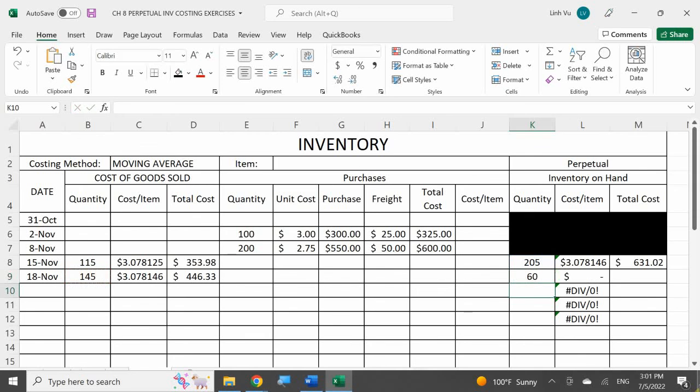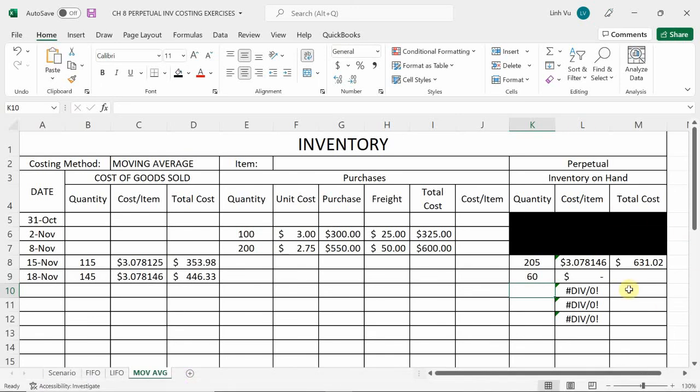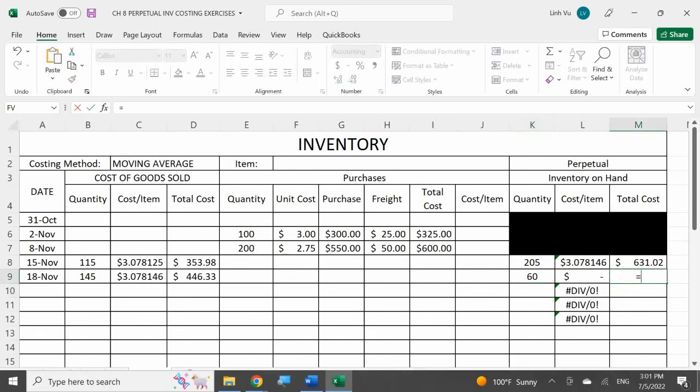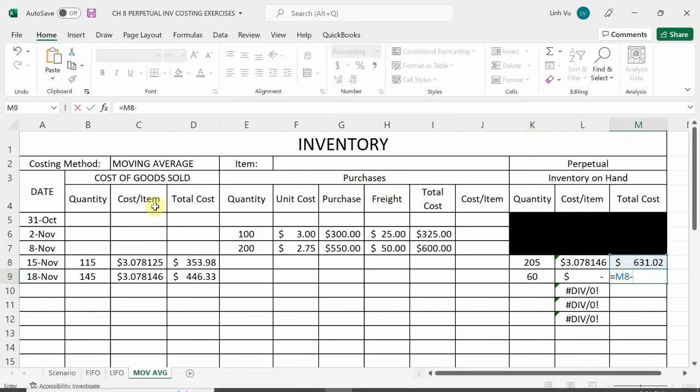And if I started out with $631.02 and I sold a total of $446.33, how much should I have left in my remaining total cost? 184.69.